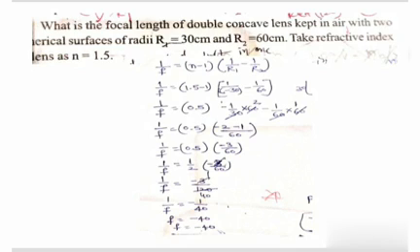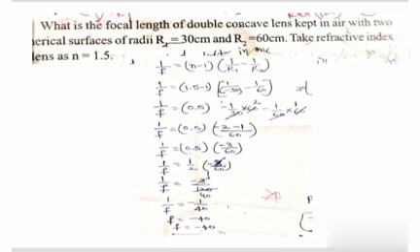What is the focal length of a double concave lens kept in air with two spherical surfaces of radii R1 equal to 30 cm and R2 equal to 60 cm? Take the refractive index of the lens as n equal to 1.5.